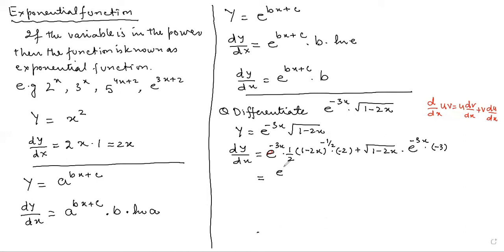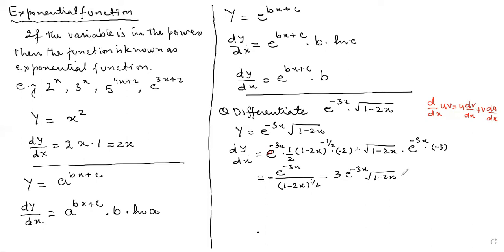Now, this one is e raised to minus 3x. We will cancel 2 with 2, minus divided by under root 1 minus 2x, or 1 minus 2x power 1 by 2. Now, in the other term, this one is 3 e raised to minus 3x under root 1 minus 2x.